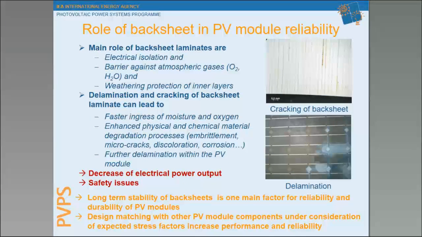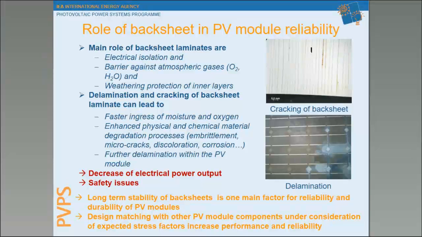So, to summarize my last two slides, what are the roles of polymers in PV module reliability and PV module degradation modes? For the backsheet, the main role is electrical isolation and to act as a barrier against atmospheric gases, and also to serve as a weathering protection of the inner layer.